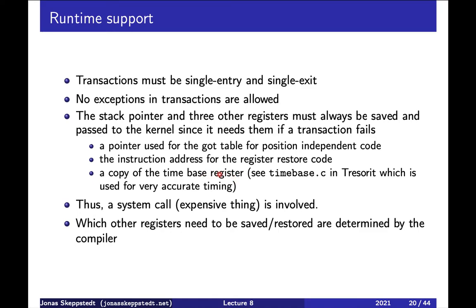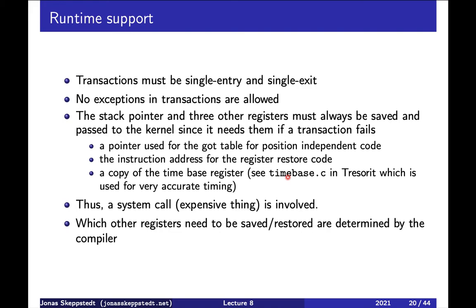This register can be read from the application program, and we can calculate how many clock cycles have passed since the reading of this register. Okay, so why is the operating system interested in this?